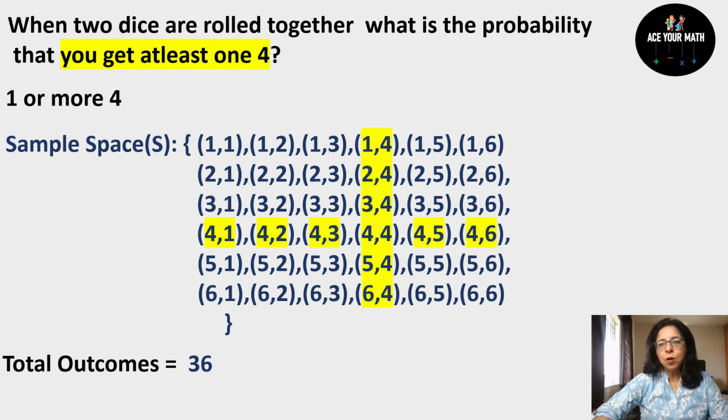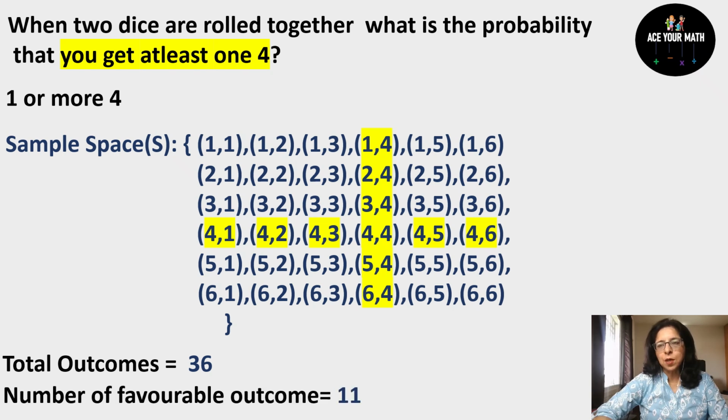It means one or more 4s. One die should show 4 and the other number could be any other number, and 4 also. Okay. So if you see the sample space, there are total 11 such outcomes. So the number of favorable outcomes is 11. Now put them in the probability formula, which is favorable outcomes upon total outcomes. So the probability of getting at least one 4 is 11 upon 36.